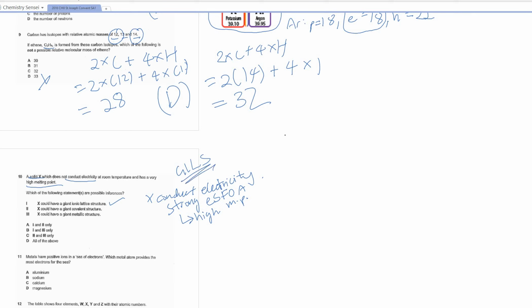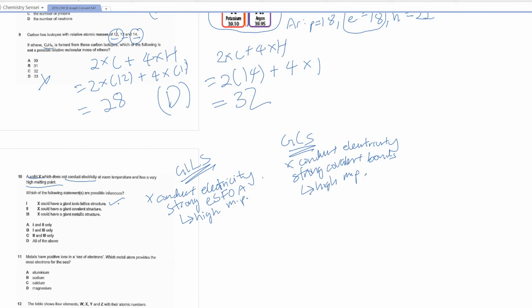Next, for giant covalent structure, it does not conduct electricity no matter what state they are in, due to the lack of mobile charge carriers. It has strong covalent bonds between its molecules or particles, and because of that it has high melting point.